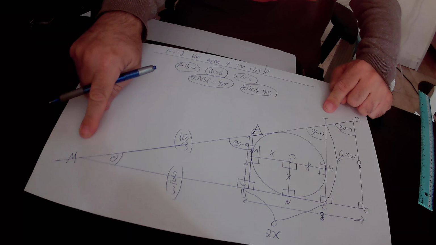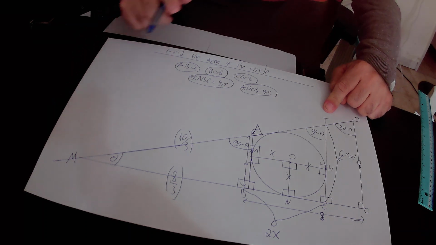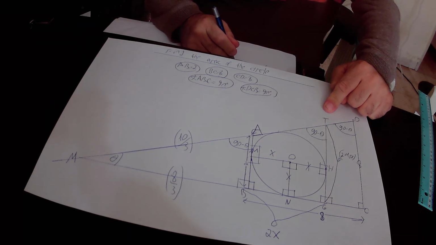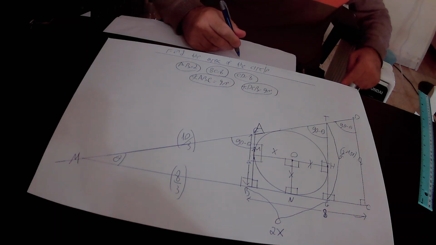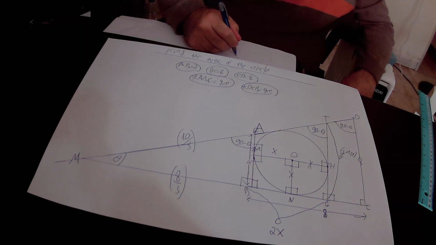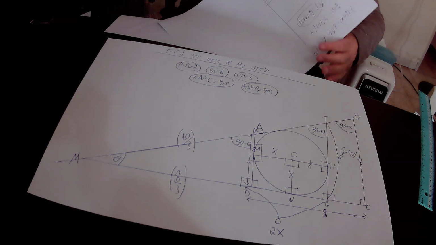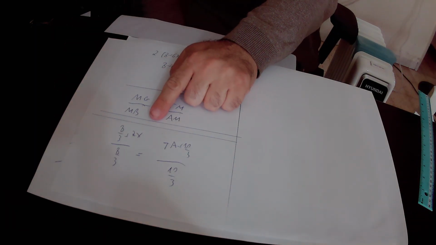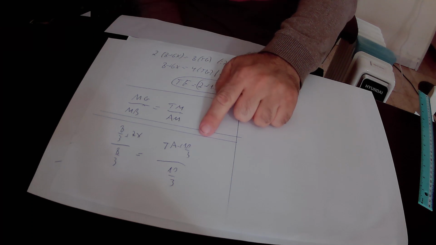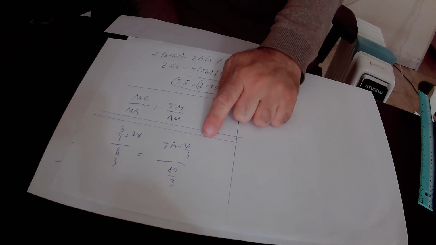So in total TM equals TA plus 8 over 3, plus AM. AM is 8 over 3. I concluded that 8 over 3 plus 2x over 8 over 3 equals TA plus 8 over 3 over 8 over 3.